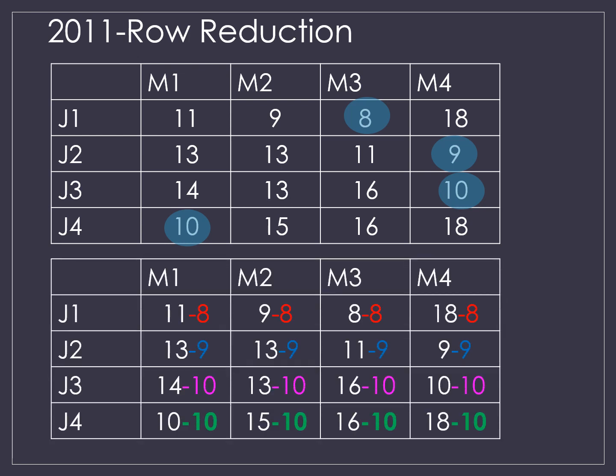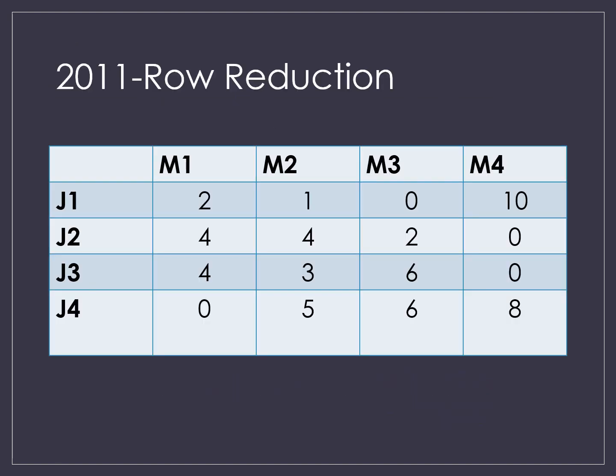You can see in this table I have deducted the values from the smallest value in that particular row. So you will get a row reduction table like this after deducting the smallest value in each row.